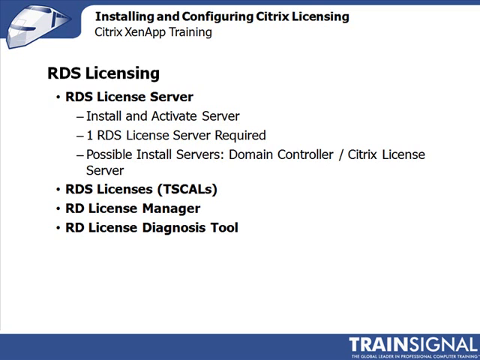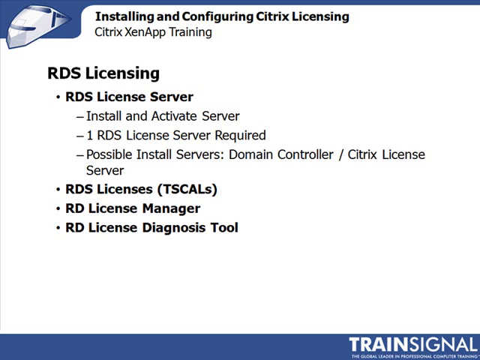Some other folks will install the RDS license server on the same server as the Citrix license server. You can most certainly install it on a XenApp server. Typically, I like it on a domain controller because it has the ability to gather information a little better, and because it's domain-wide, the other XenApp servers or the other clients are able to find it more easily, but that's a preference, it's not a requirement.